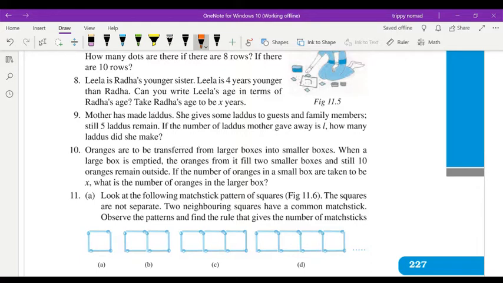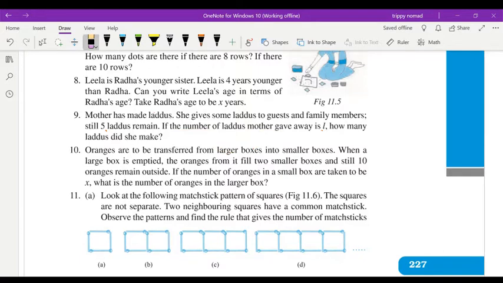Simple, let the number of laddus given away be L, and remaining were 5. So she made L plus 5. In 3 steps the answer will be written. This one I explained how you will get it, so you do it as we have done the 8th one.